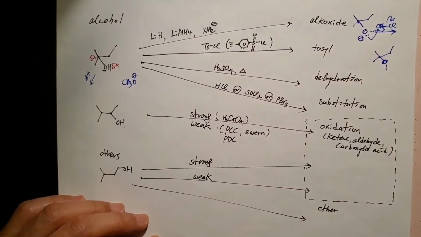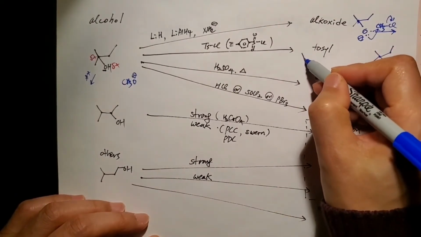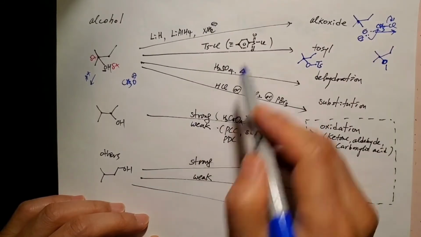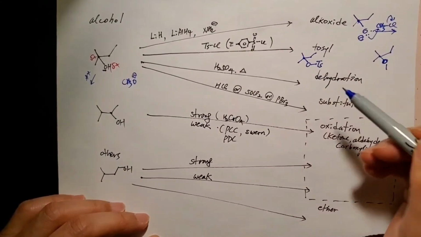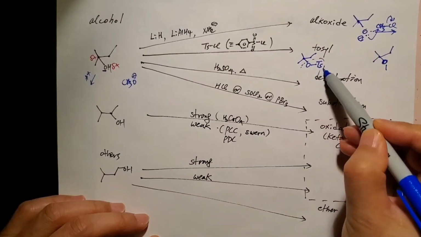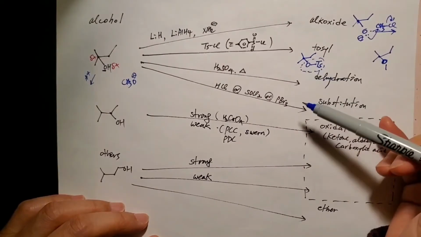You knock that out, and you are creating a tosyl group. So oxygen with a tosyl group, due to the resonance ability of the sulfur oxygen, you can assume this is now a good leaving group.